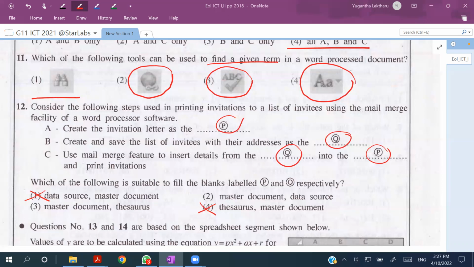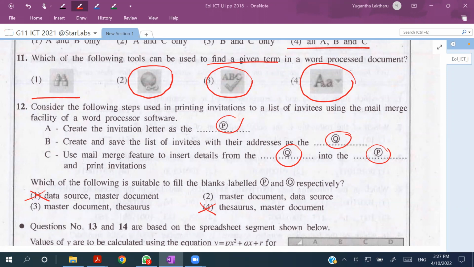Okay, so the first and the fourth answers are gone because the master document should be P. Create and save the list of invitees with their addresses as the data source, right? It is where we store the fields that are going to be changed in our document. When we do a mail merge, most of the document is not going to change.